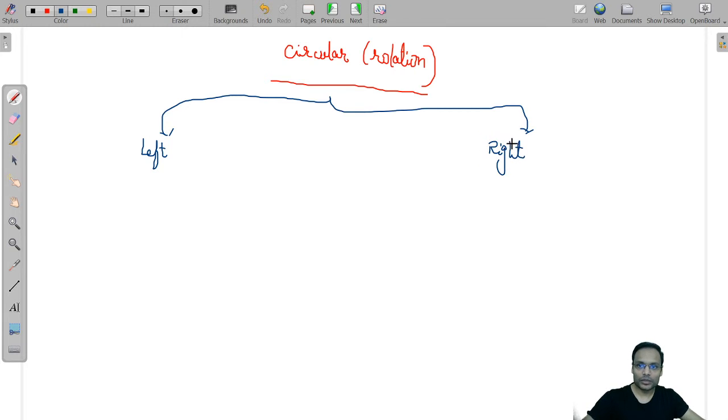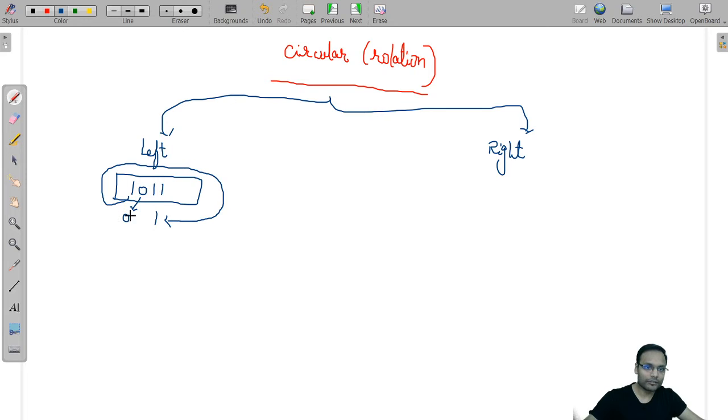Let's suppose you have a register here too with value 1011. If you want to shift circularly, then the leftmost bit, this time we are not going to discard. This particular leftmost bit will be circularly shifted to the rightmost position, and the remaining bits will be shifted towards the left. 0, 1 and 1.